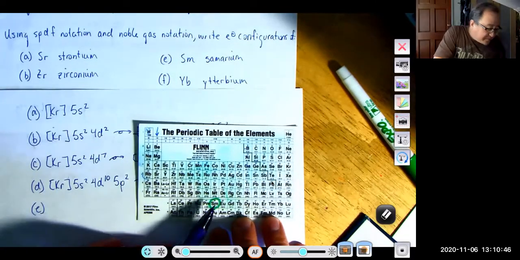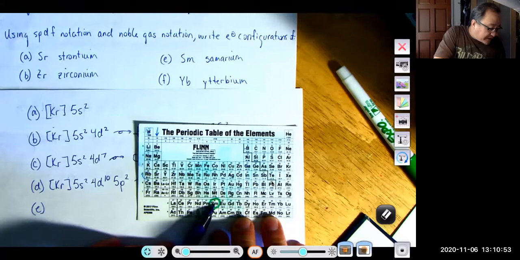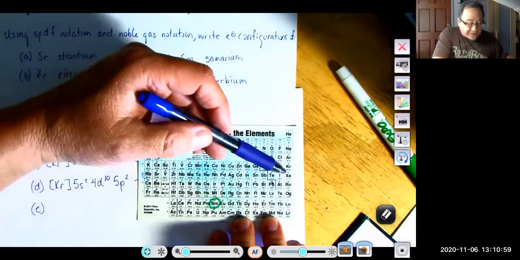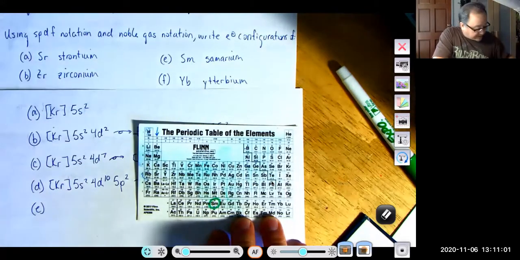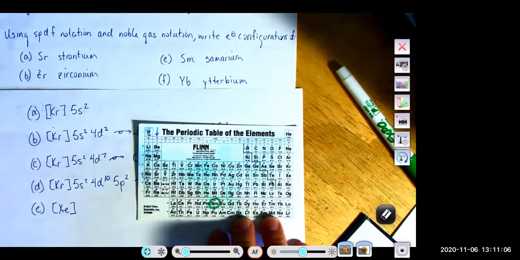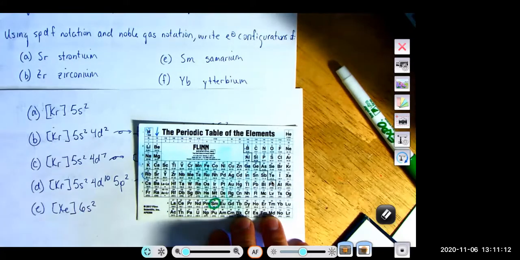If you look at the number at the top here, it's 62. Xenon is 54. That's the closest one below it. So xenon, then 6s2.